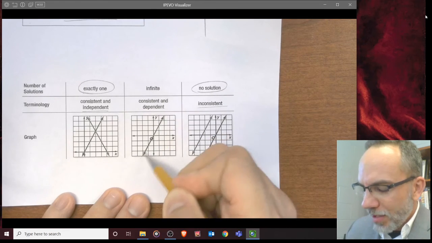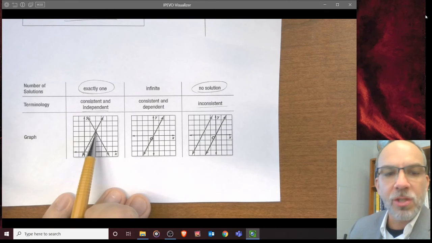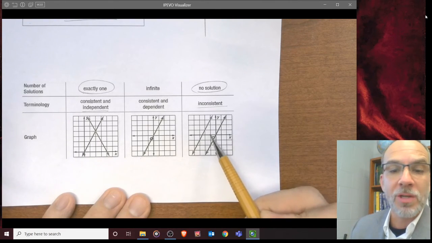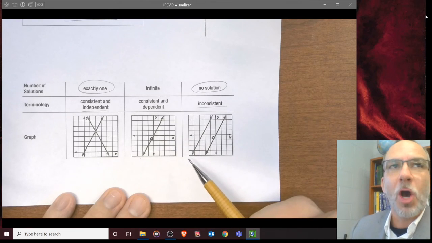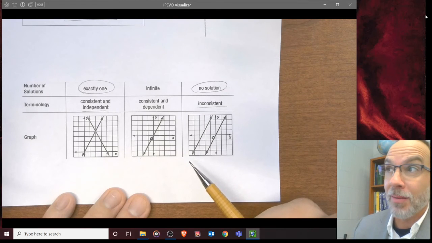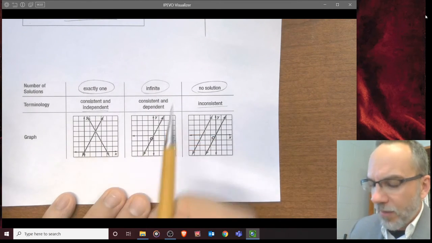So there's two lines here, one right on top of each other. They don't just share one solution point like this one over here, and they don't share no solution points like this situation over here. All of the points of one line that solve it will solve all of the points on the other line. So this is said to be an infinite number of solutions.